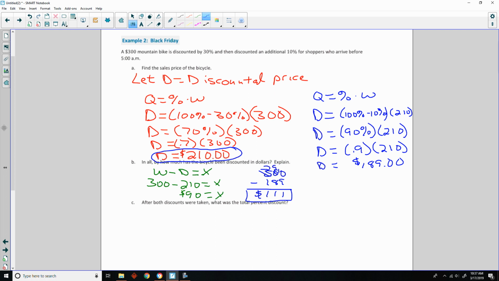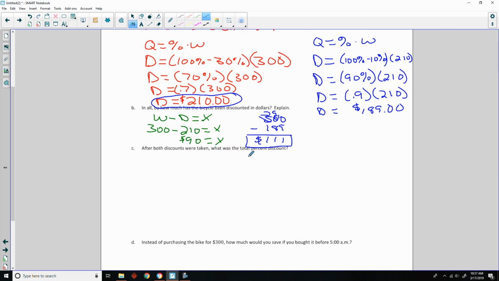Okay, so now we're going to find, after both discounts were taken, what was the total percent discount. So we're going to let P be the percent of the sales price. So we're going to say part equals percent times whole again.